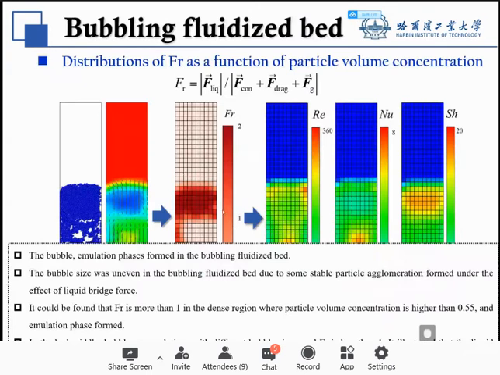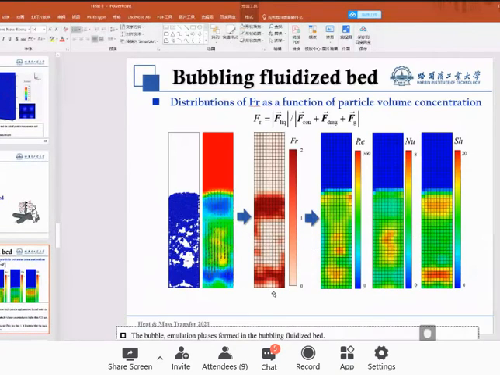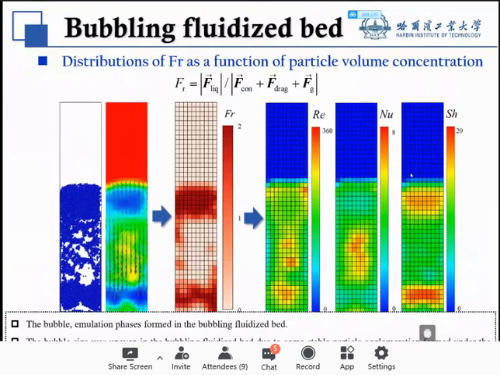For the bubbling fluid bed, we define a parameter Fr to introduce the effect of the cohesive liquid.